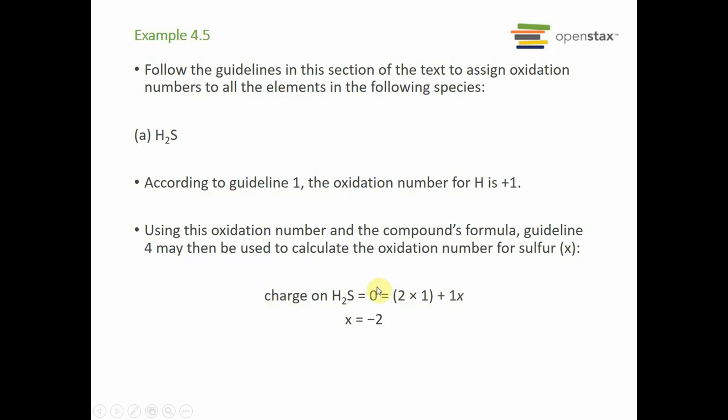So the charge is 0, which is equal to 2 times, that is, the 2 hydrogens, 2 times +1, plus 1 for the 1 sulfur times X. What is X? Well, you solve that, and the answer is X equals -2. So the oxidation number of sulfur in hydrogen sulfide is -2.